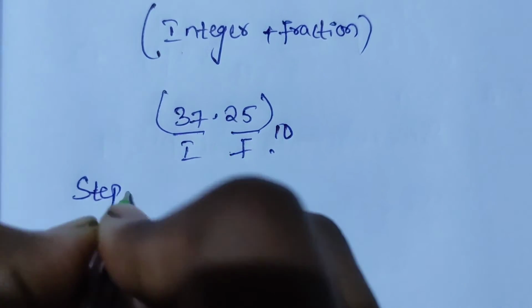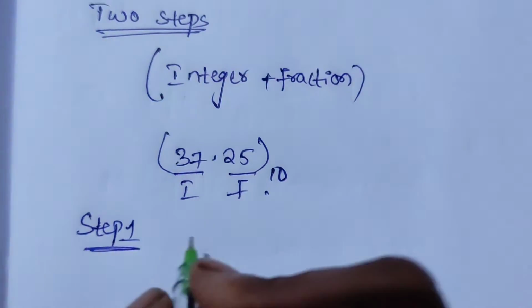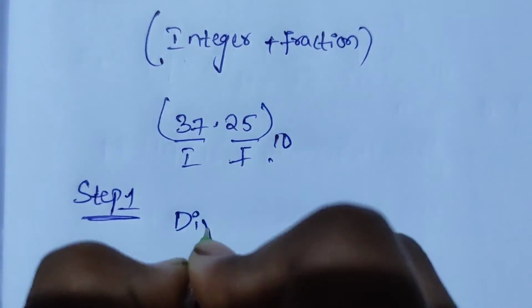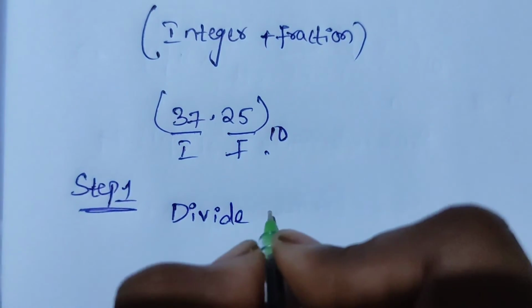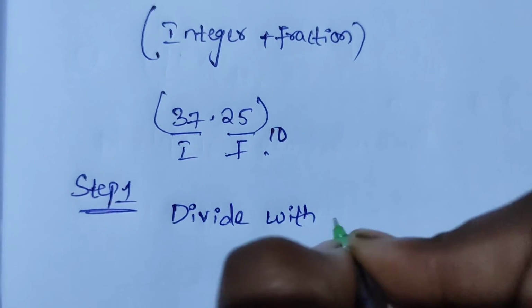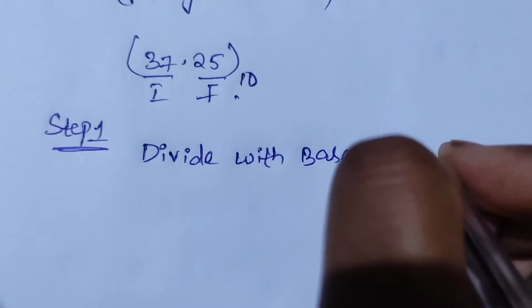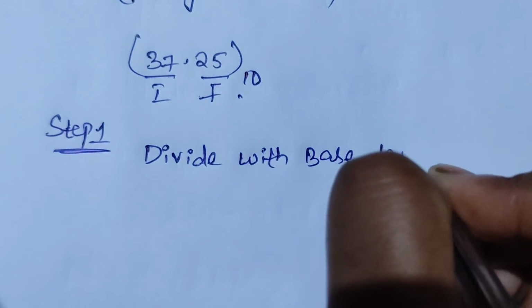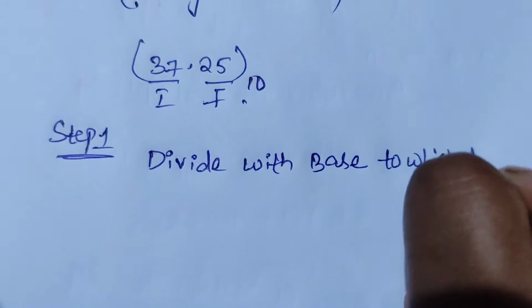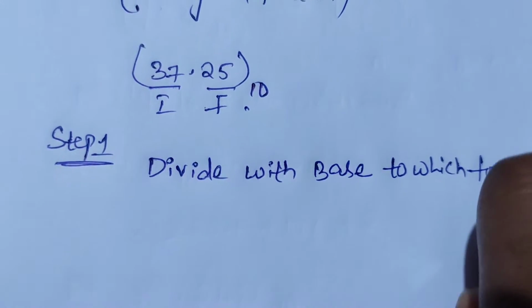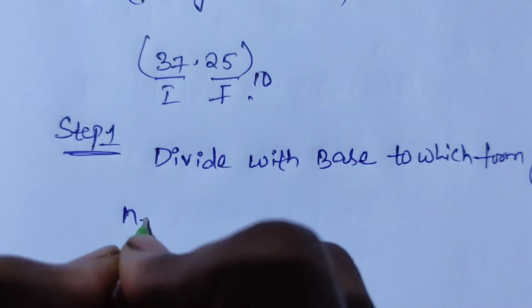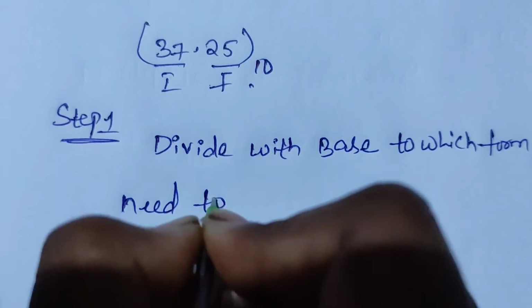So for this, step 1 is: divide the integer part with the base to which form it is to be converted.